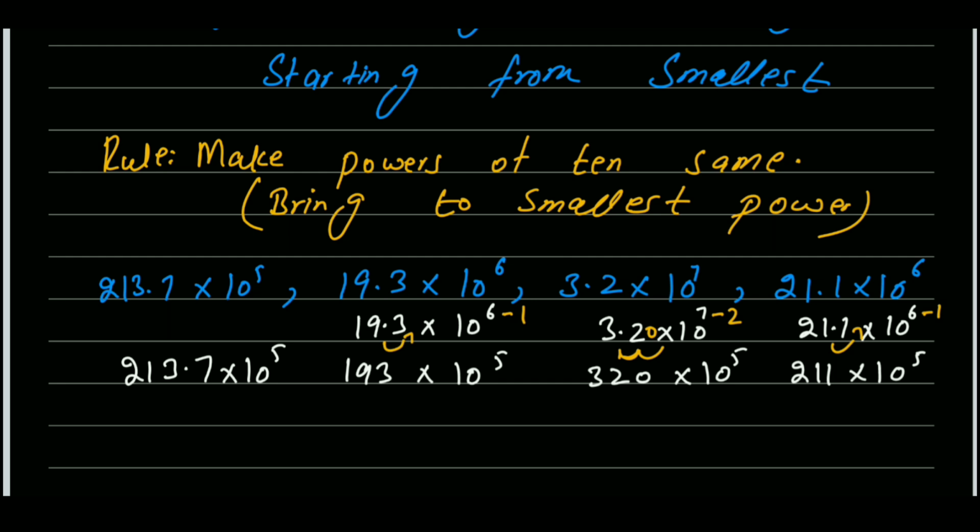So now all the powers are same. So now you can check which value is greater. Now you can give them numbering. You have to check these numbers now, and you have to start from the smallest.